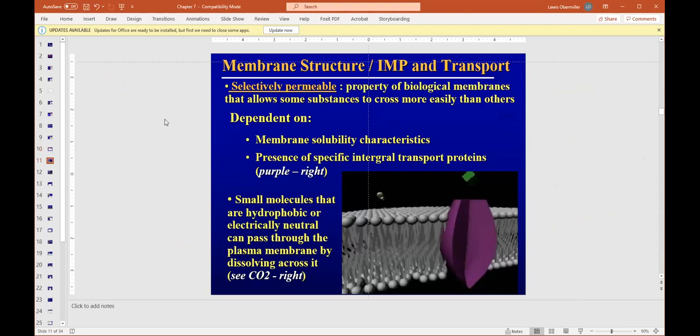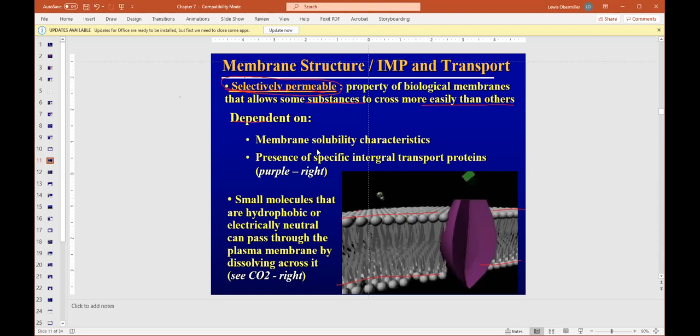Okay, so we talked about homeostasis, and you guys know that homeostasis is super important. In order to maintain homeostasis in this membrane, the cell has to select what comes across and what doesn't. So we call that selectively permeable. It's the property of membranes that allow some things to cross more easily than others.